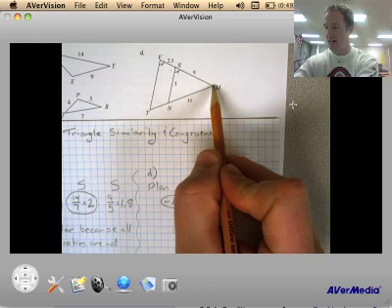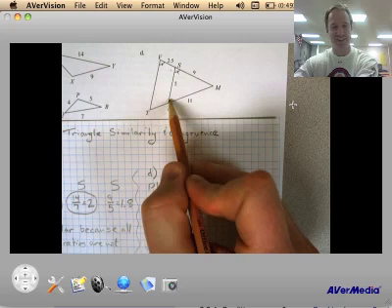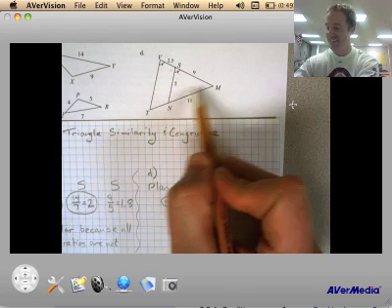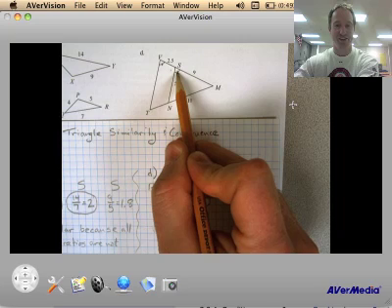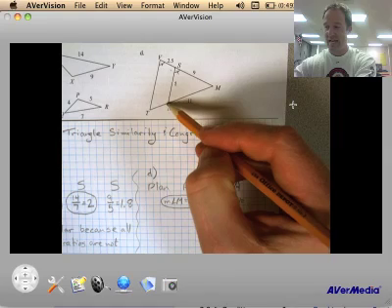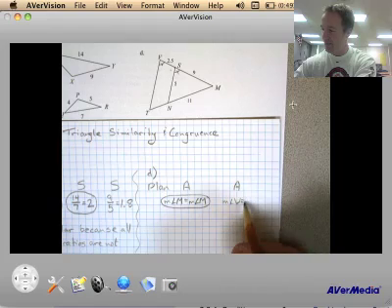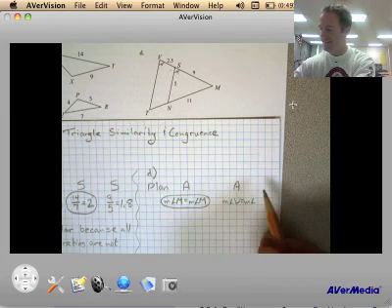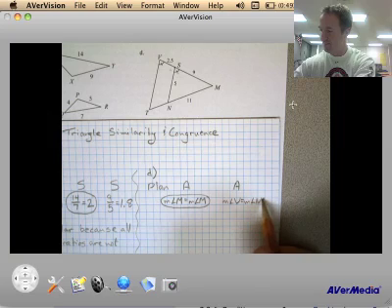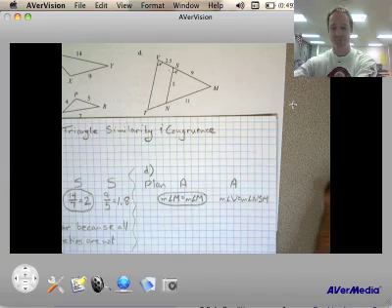So we'll say angle MSN. Angle MSN is one name for this angle. You could also call it angle NSM, and that would be okay too. Either way is fine, as long as the S is in the middle, you can write those letters either way.